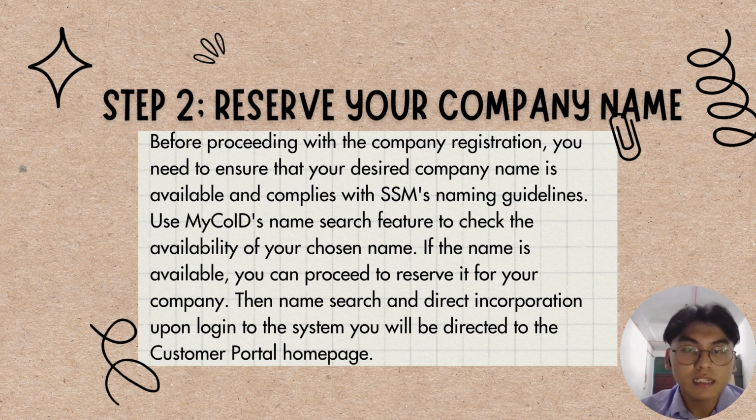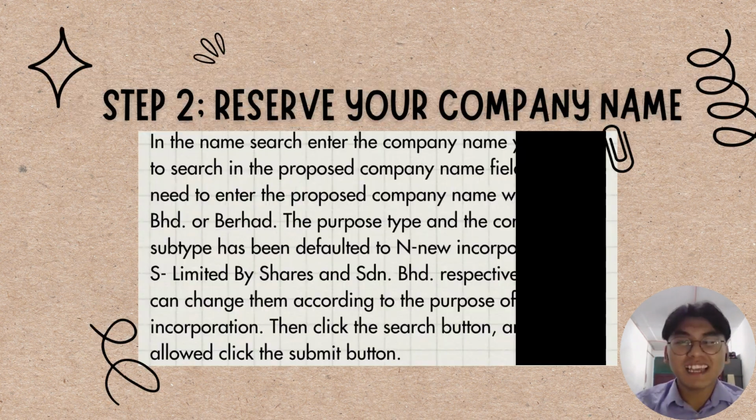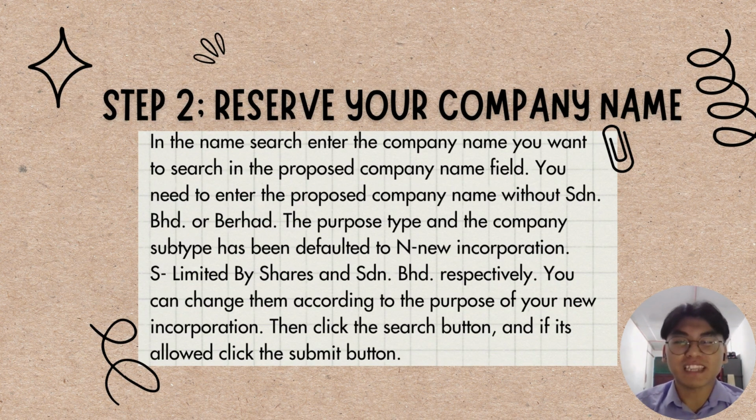Then, name search and direct incorporation. Upon logging into the system, you will be directed to the customer portal homepage. In the name search, enter the company name you want to search in the proposed company name field. You'll need to enter the proposed company name without Sdn Bhd or Berhad.